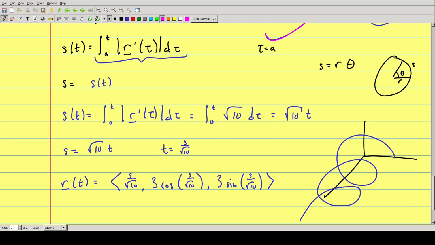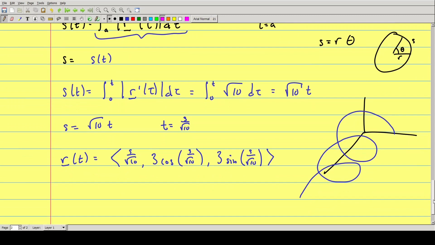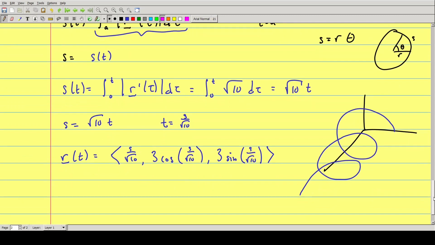These are all s's. Sorry, sometimes I write small when I write too fast. S is the arc length.